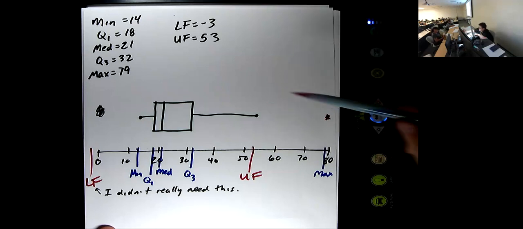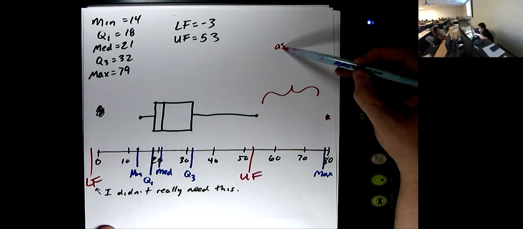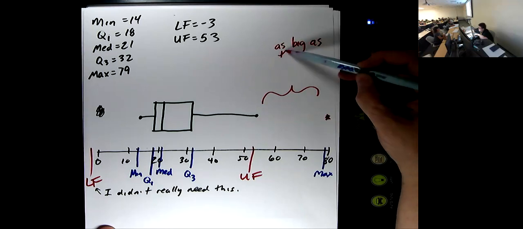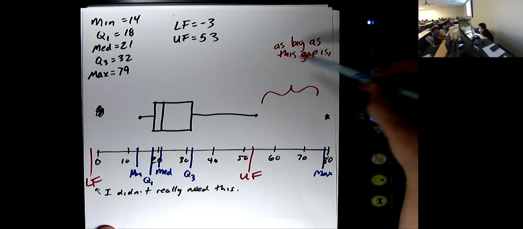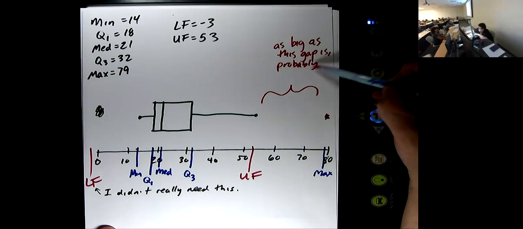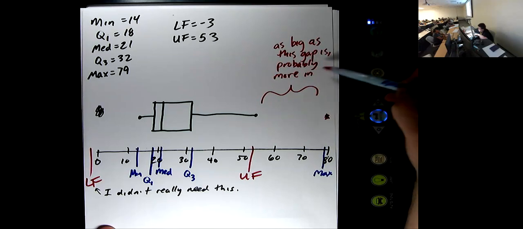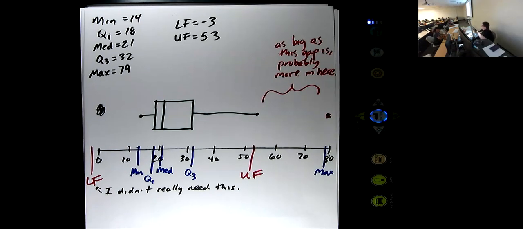And as big as this gap is, there's probably more in here. And you have to go through the data and look. If you have them sorted low to high, this is really easy.